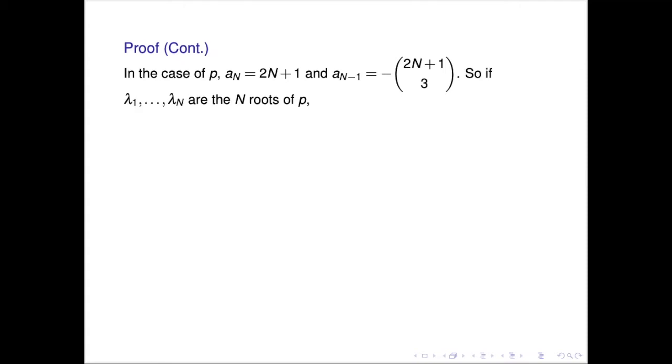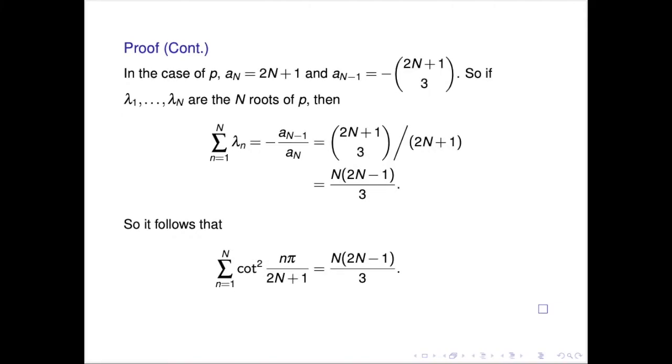So if λ1 up to λN are the N roots of p, then their sum equals −a_(N−1)/a_N, which equals (2N+1 choose 3) over (2N+1). And when you work out the algebra, it simplifies to N(2N−1)/3.